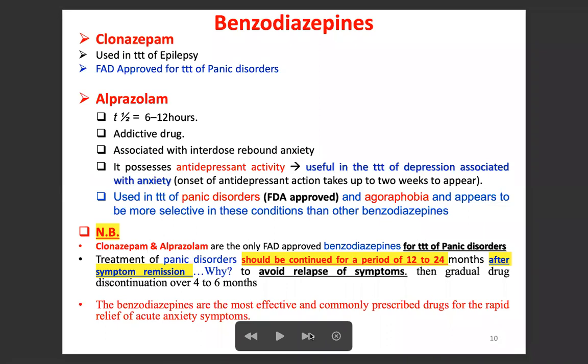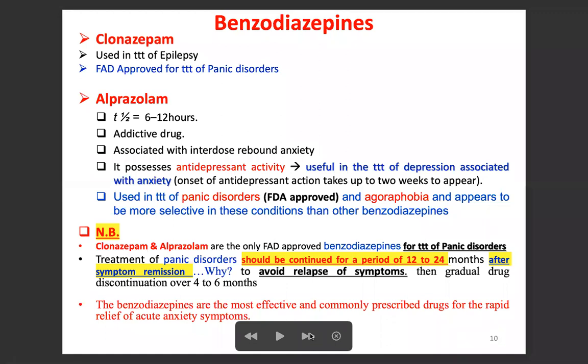Clonazepam and alprazolam are approved for panic disorders, but the treatment of panic disorder should be continued for a period of 12 to 24 months, 1 to 2 years. After symptom remission, if there are no symptoms of panic disorder, the patient still has to continue the drug. Why?